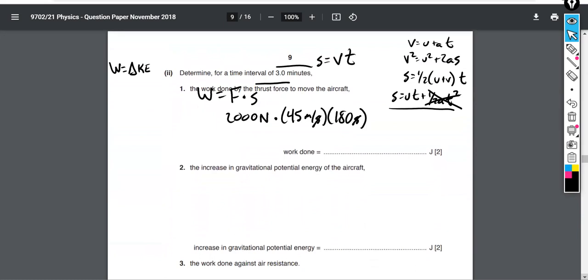All right, so this is 8,100 meters. I think that's what that works out to be. Times 2,000 newtons. 2,000 newtons times 8,100 meters. What's that? I'll use my on-screen calculator.